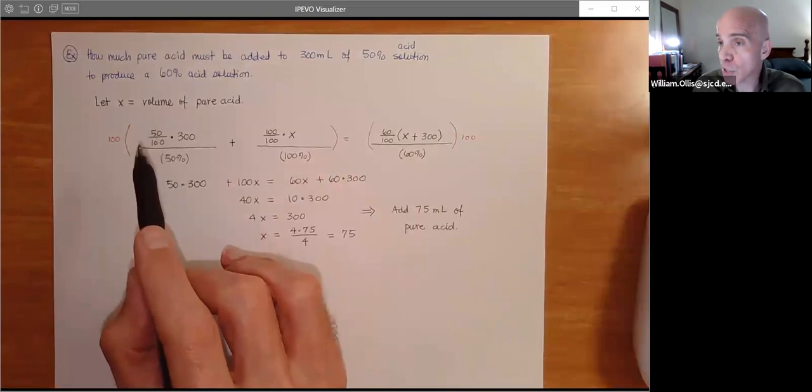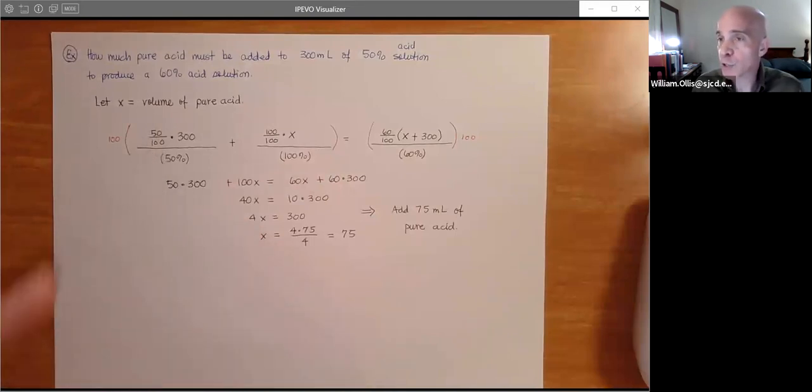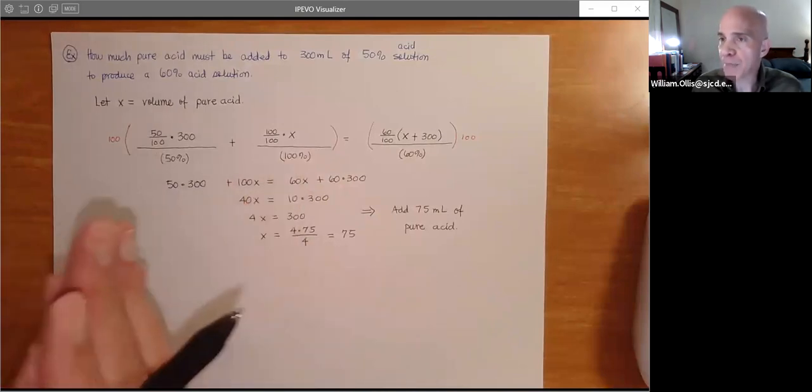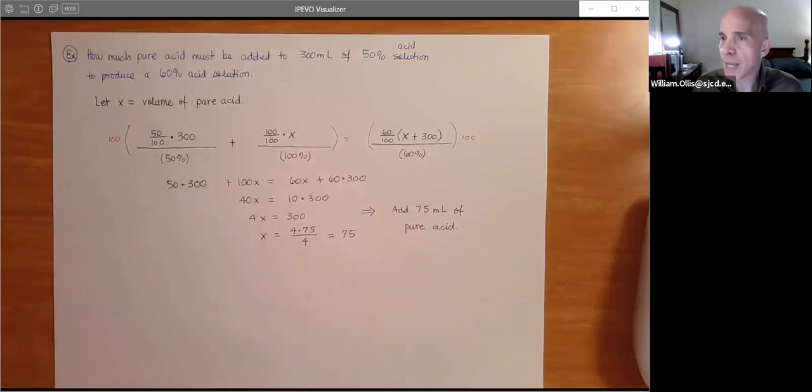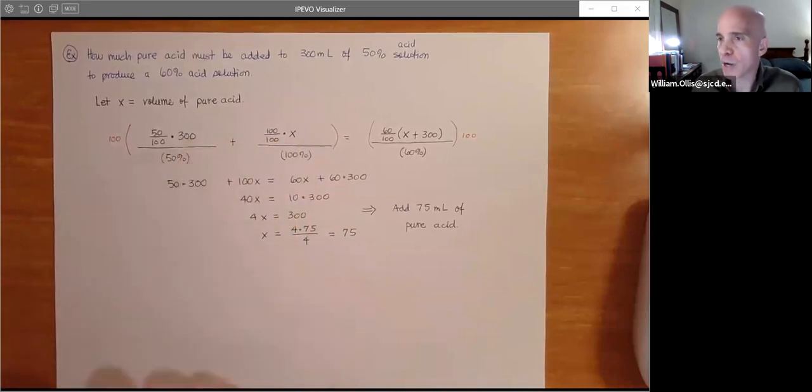Maybe the concentration might be dollars per pound. Maybe you're working at Starbucks and you're trying to make a new coffee blend. It's the same thing. The concentration can take on many different characteristics, and then you'll have some volume or some weight of something. That's the same technique that you apply to all the mixture problems. And I think this makes it very simple.